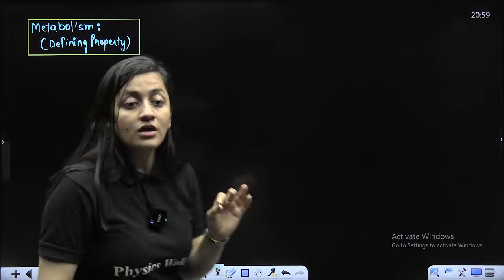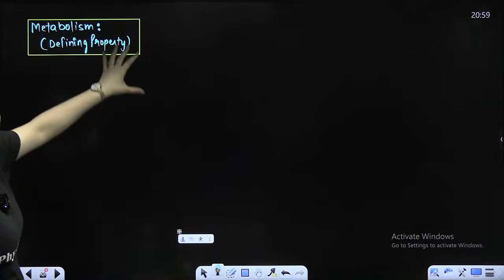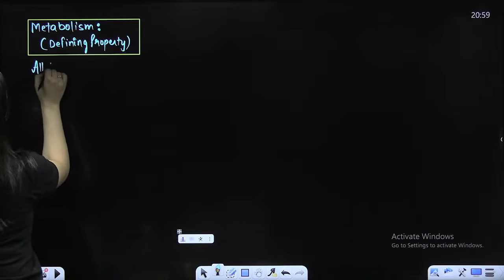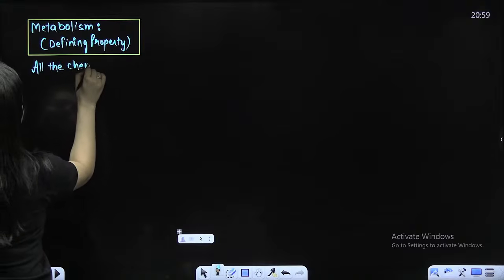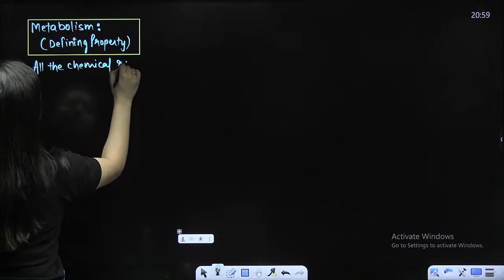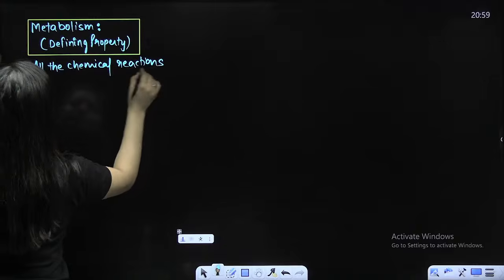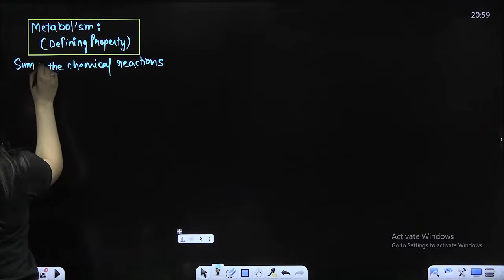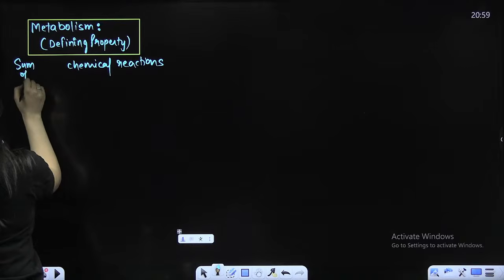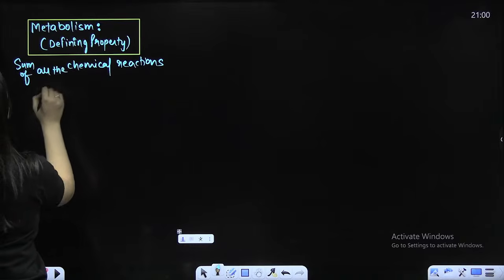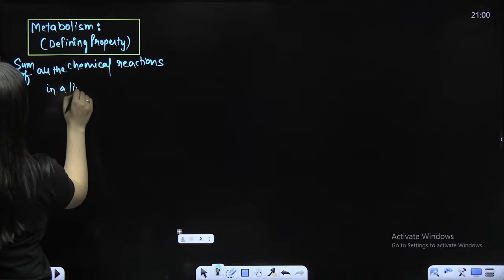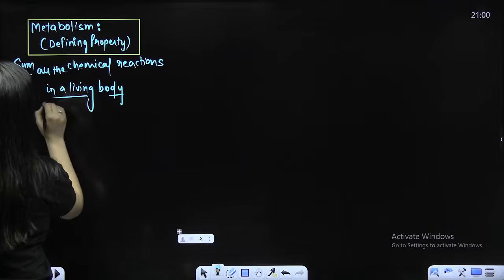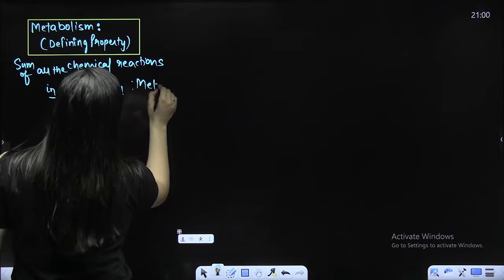So when we talk about metabolism, that is chemical reactions, all the chemical reactions going on in a living body, the sum of all the chemical reactions in a living body is basically the metabolism, right?